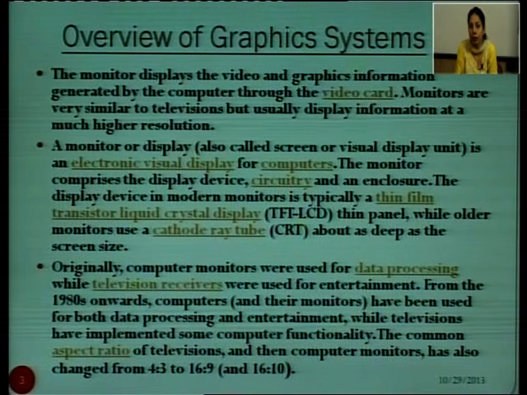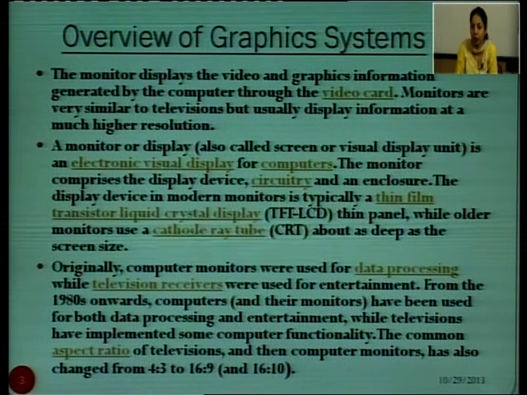A monitor or a display, which is also called a screen or visual display unit, that is VDU, is an electronic visual display for computers. A monitor comprises the display device, its associated circuitry, and an enclosure box.